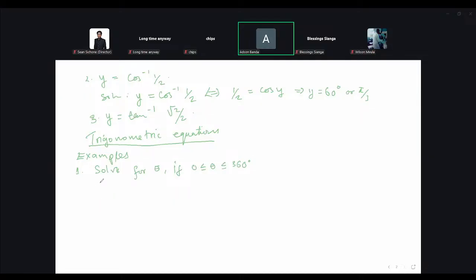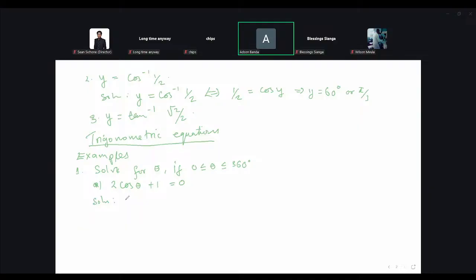So let's solve the following. We have 2 times the cosine of theta plus 1 is equal to 0. Let's solve this particular equation.